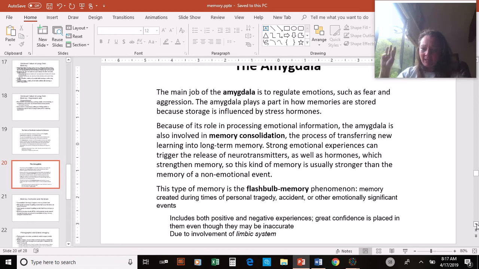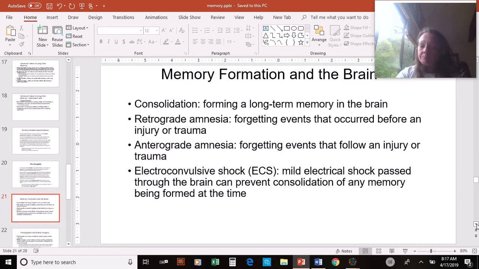That light bulb would light up there. So old, very old. And basically that's what it is: an emotional picture taking in that event. And it doesn't always have to be something negative. We have positive flashbulb memories and flashbulb moments too. And like I said, that has to do with emotional regulation and our limbic system too.